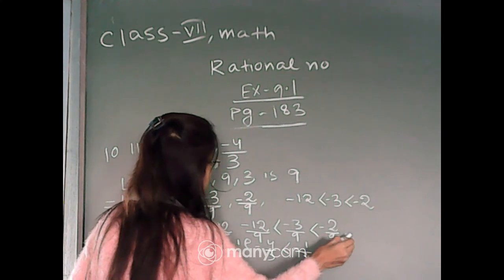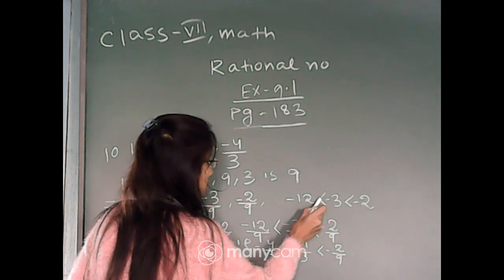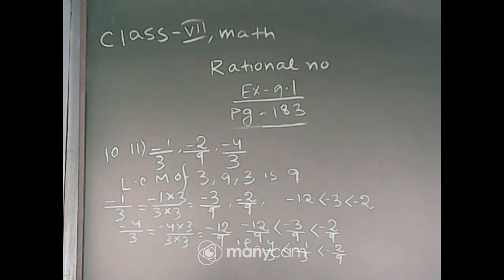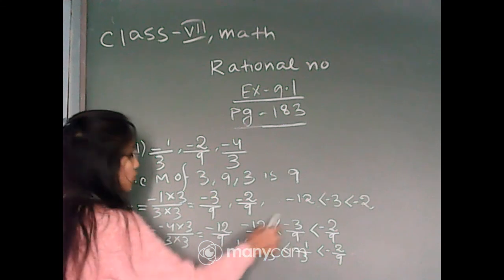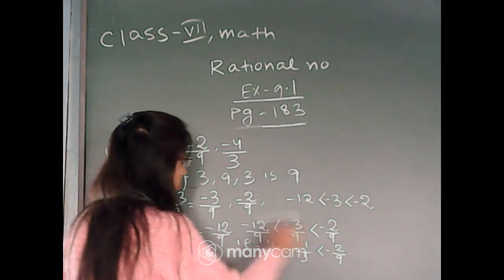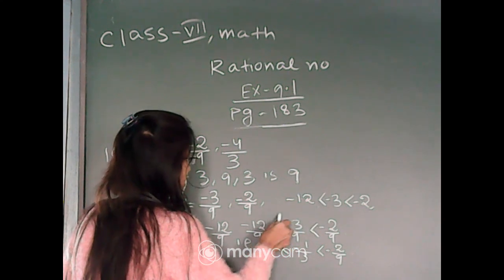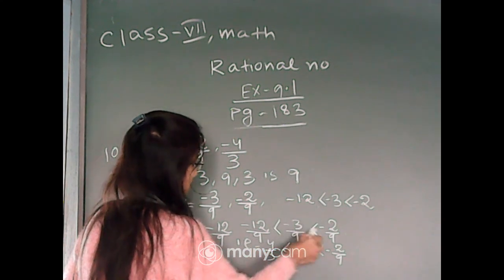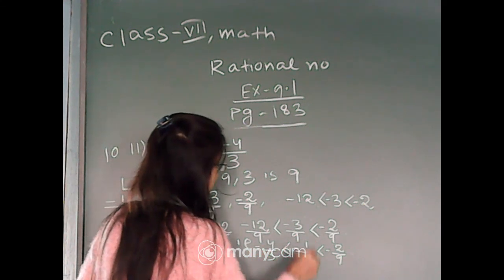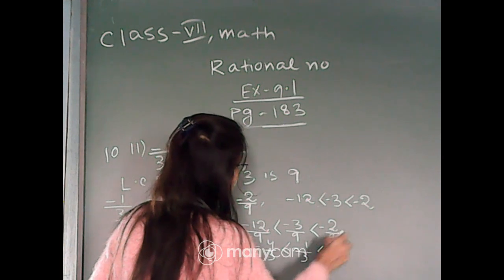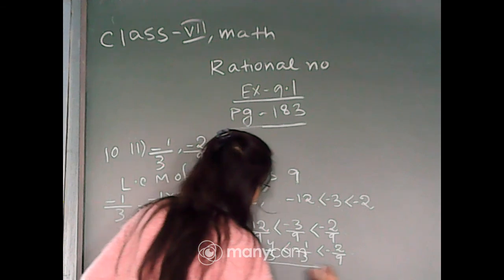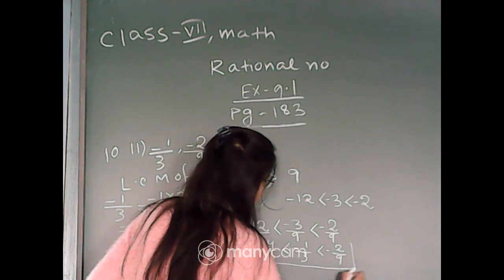Since 9 is positive, when we divide these numbers by 9, the sign will be unchanged. That is minus 4 by 3 is less than minus 1 by 3 is less than minus 2 by 9. So, this is the ascending order of these rational numbers.